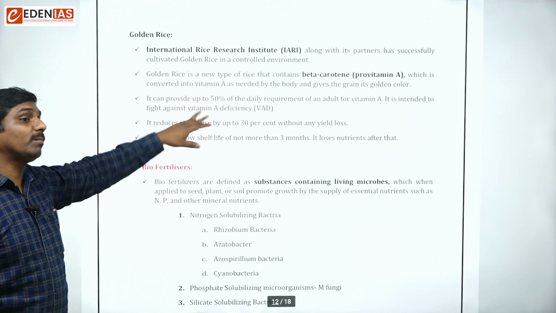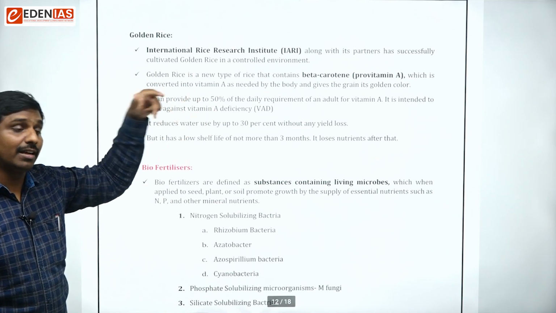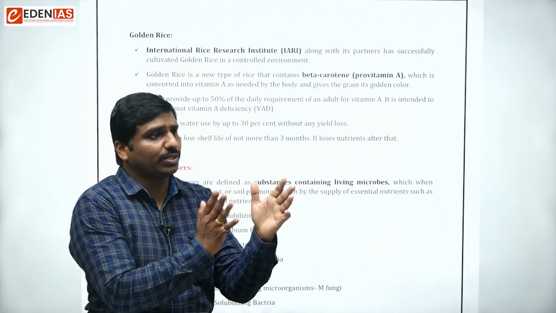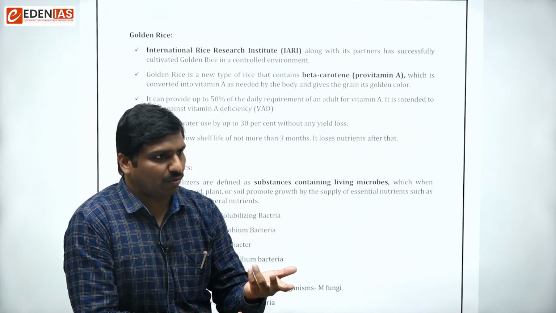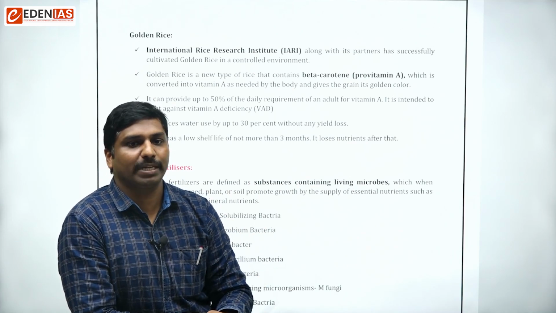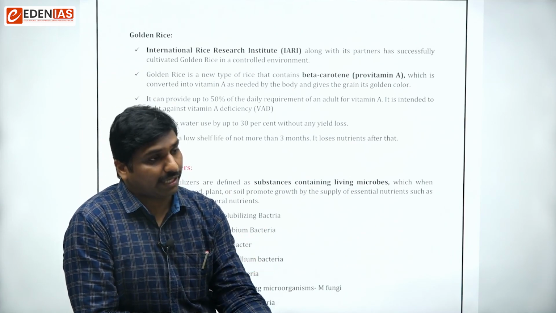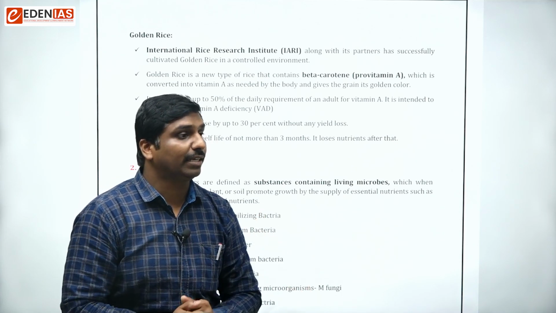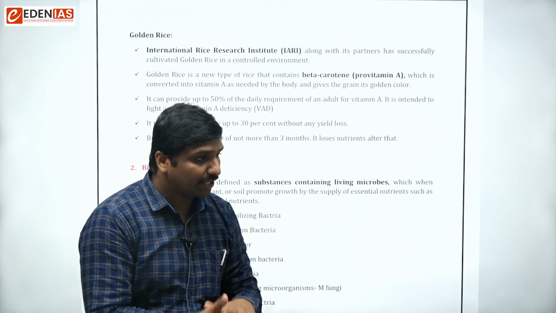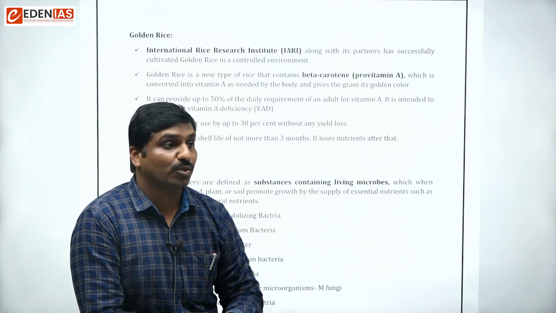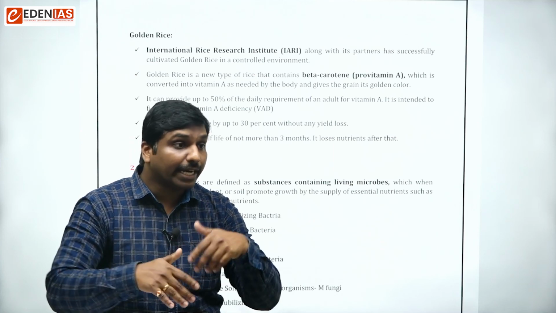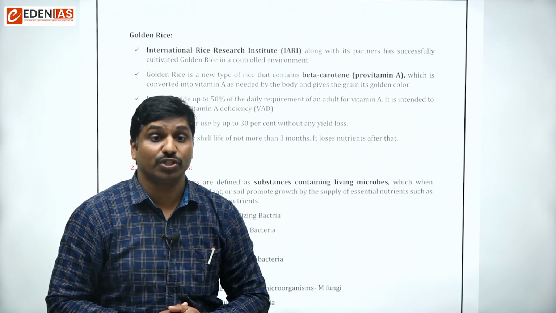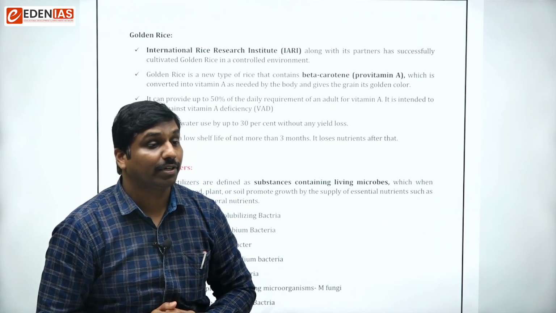What would be the advantage? When we saw BT cotton, we used it for pest control, for resistance to pink bollworm. In a similar fashion, if we go for more and more production of golden rice, what would be the advantage for us? Nowadays vitamin deficiency has become an important issue. Vitamin A deficiency leads to certain diseases, like xerophthalmia or night blindness.